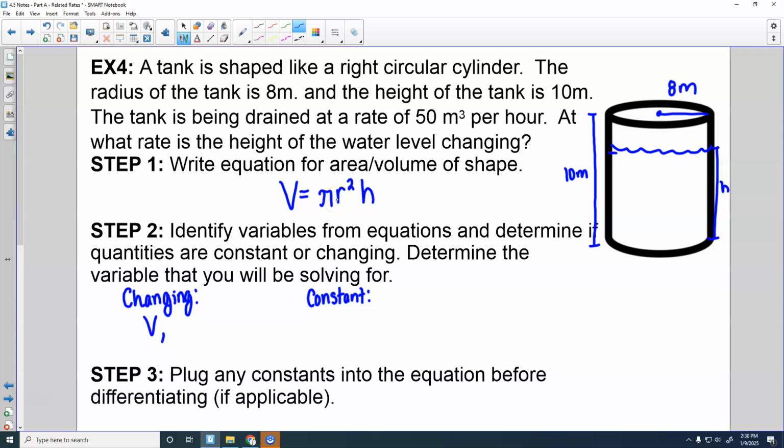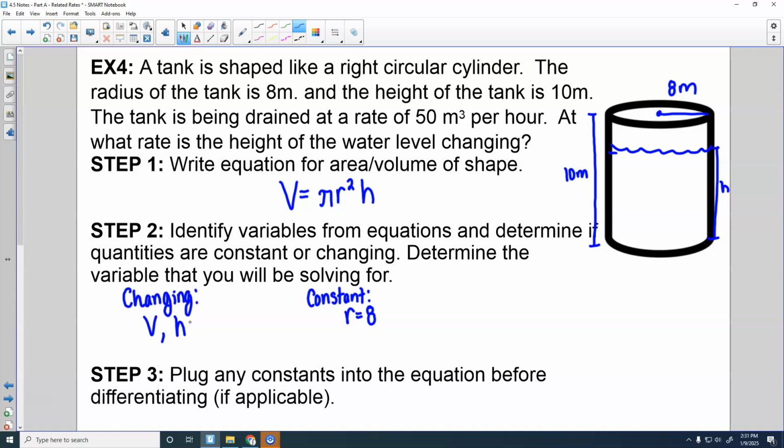Is the radius changing? The radius is not changing. That water level is dropping, but the sides of this are straight. Radius stays the same. So here's an example where our radius can go over here as a constant value. We haven't had that happen yet. We haven't had any single variable go in the constant section yet. What about height? Is height changing or is it constant? It is changing, so it goes over here.